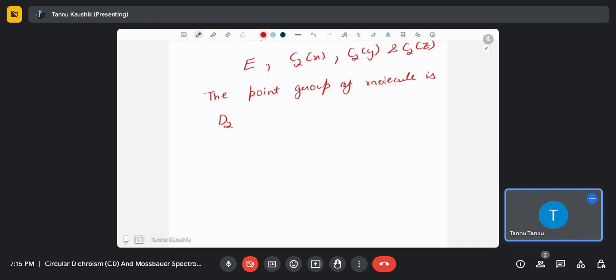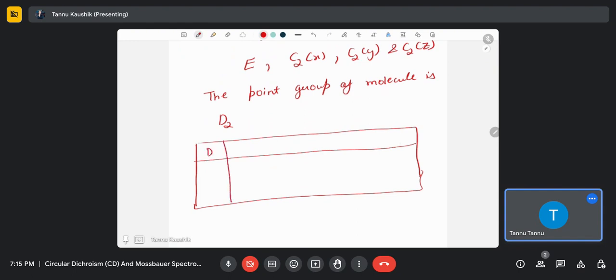So if we draw the character table for this D2 point group, X, so here the linear functions will be represented, and in the last column again quadratic functions will be.